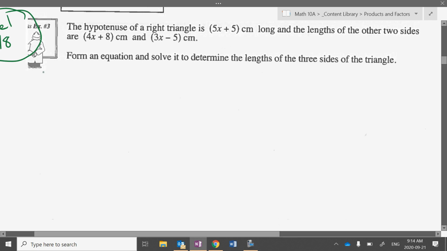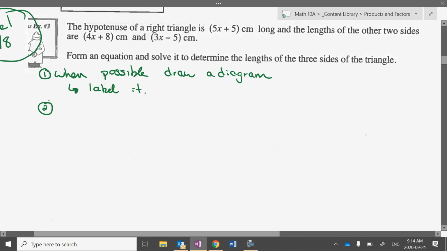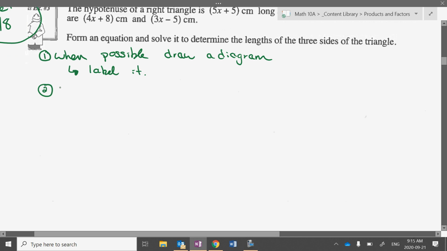When possible, my biggest hint for you is draw a diagram. And then label it. Some things to think about is like, think about what you know in relation to this.